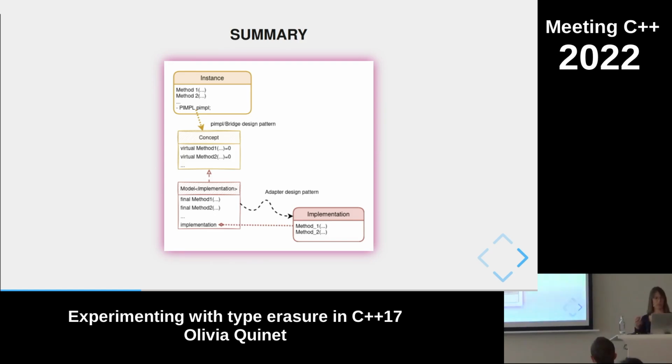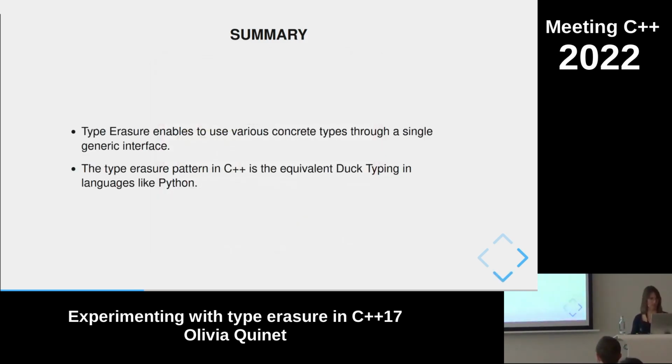We have a value semantic object that can contain any type of implementation as long as the methods in the concept are implemented. In summary, type erasure enables the use of various concrete types through a single generic interface, and it can be compared to duck typing in languages like Python.